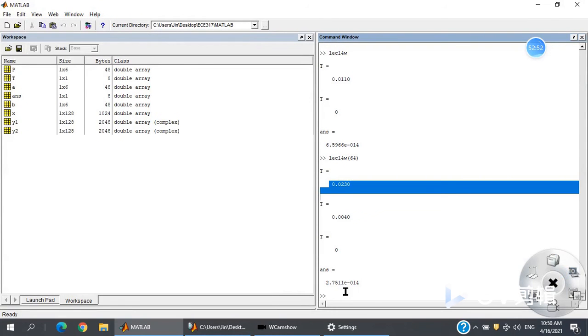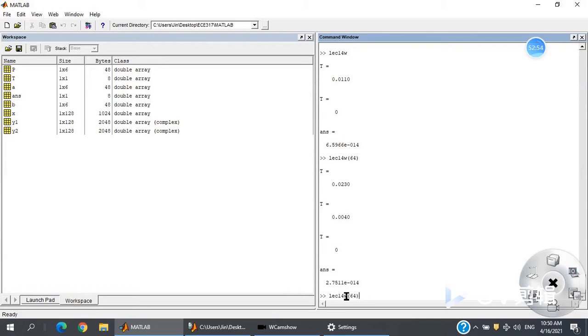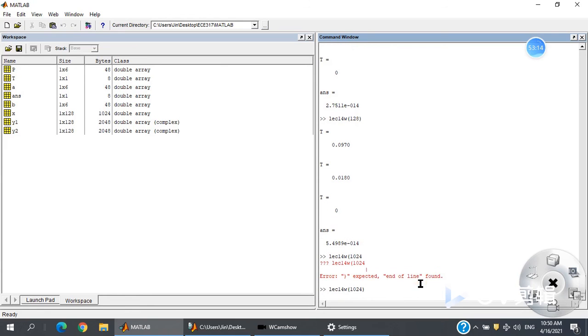We can try. Can we find 64? Then 128. Double. The FFT is still 0. If I use 1024, what will happen? Oh, it's slow.